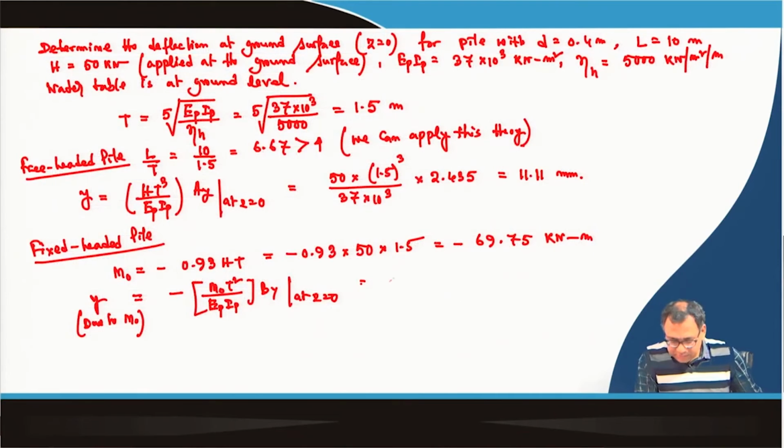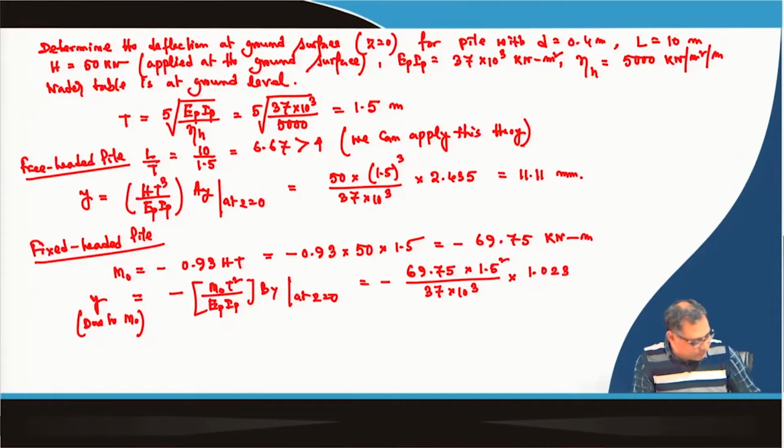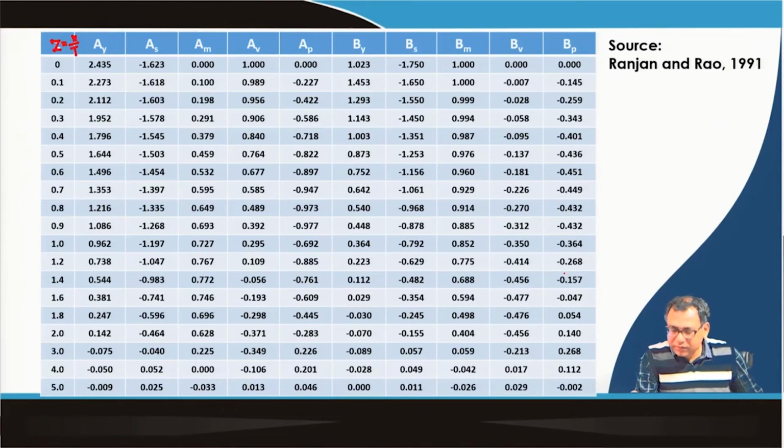So, you will write minus 69.75, then 1.5 whole square, EpIp is 37 into 10 to the power 3, and Bm is 1.023. Okay.